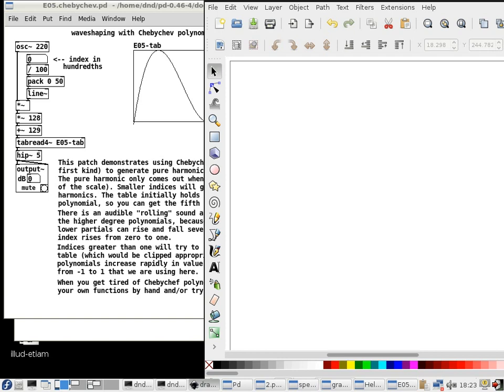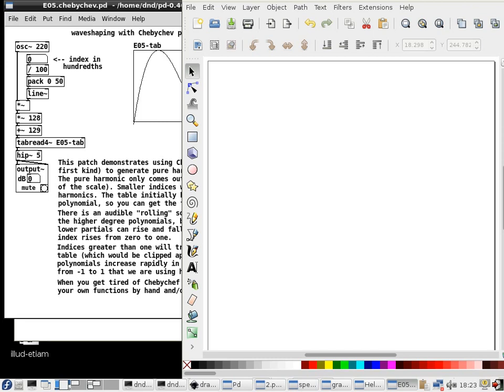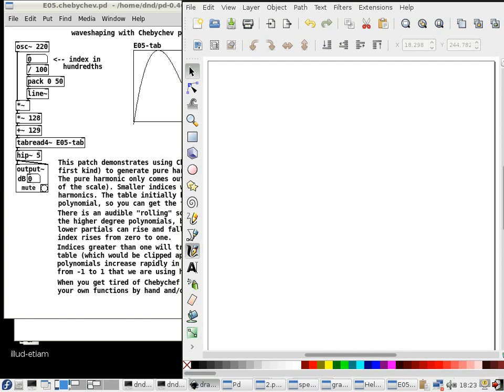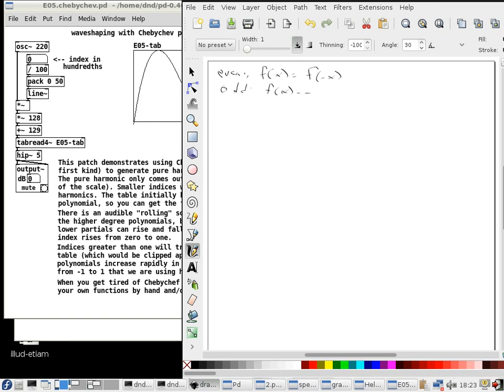All right, so what I want to do is talk about even and odd functions. So back here, an even function is a function so that f of x is equal to f of minus x. And then an odd function has the property that f of x is minus f of minus x.